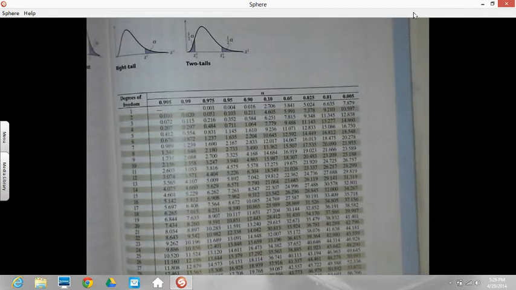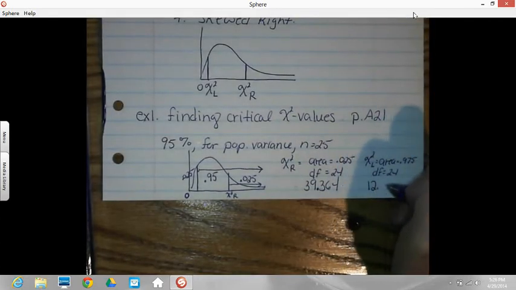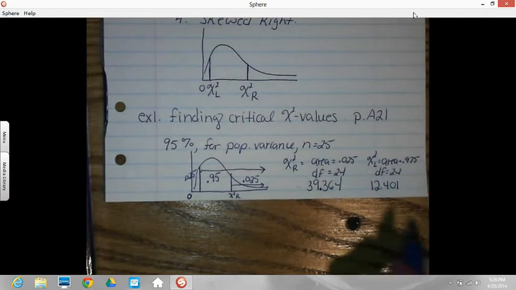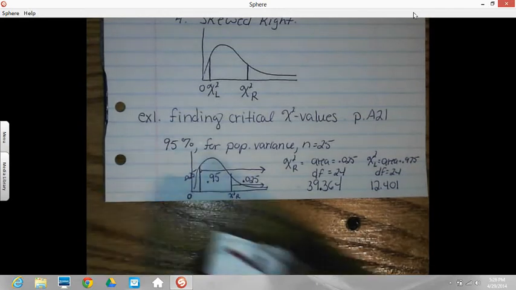Make sure you can find that. 12.401. And those will be the two critical values that are going to be used in the formulas that are coming up. So chi-squared, area to the right.